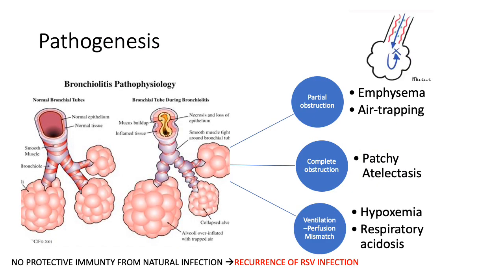As you can see, this is a normal airway without any tissue necrosis, without any excessive mucus production and bronchospasm, with adequately inflated alveoli. In case of bronchiolitis, because of necrosis of epithelium, mucus buildup, inflammation of tissue and bronchospasm, this airway gets narrowed and sometimes it gets partially blocked.